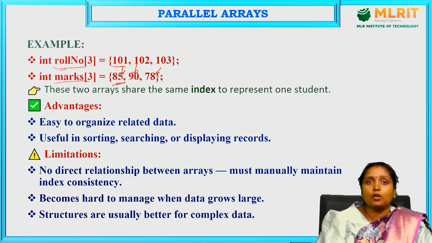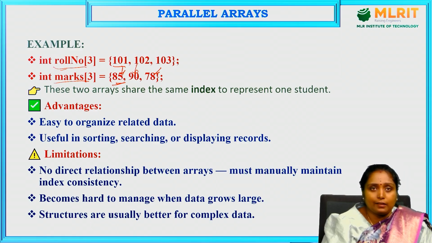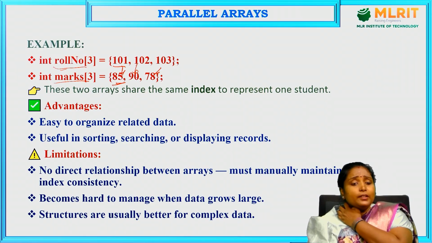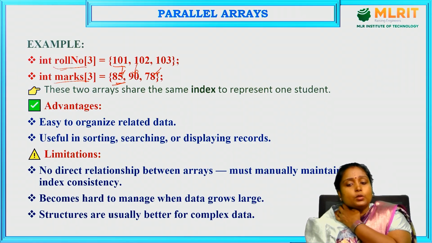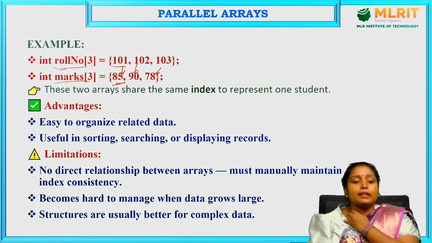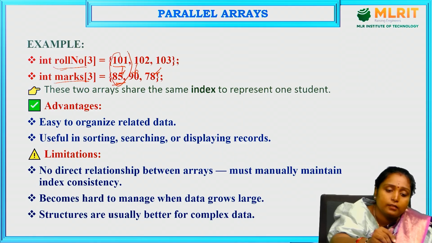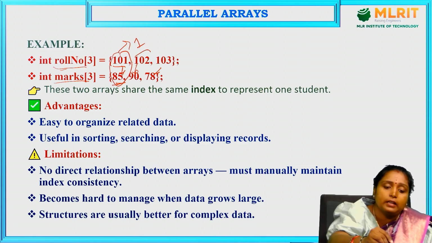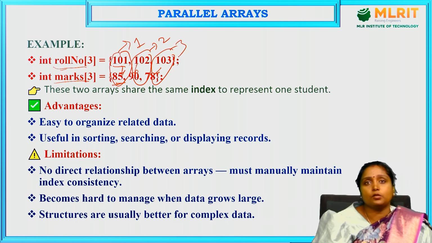So this is called parallel arrays. These 2 arrays share the same index to represent one student. This is the first student's data, this is the second student's data, and this is the third student's data.